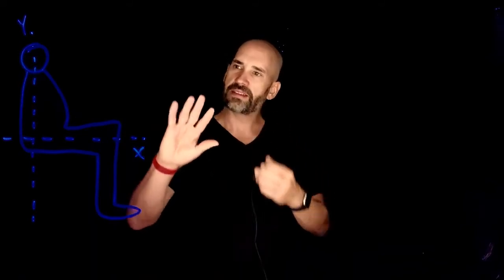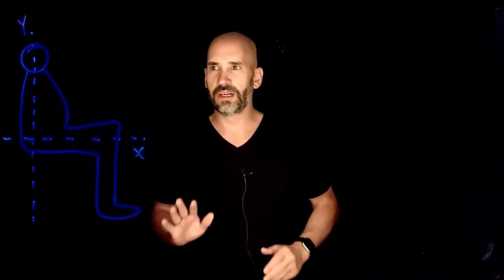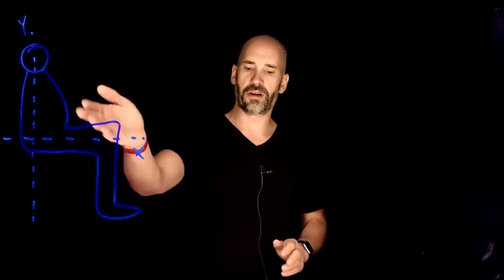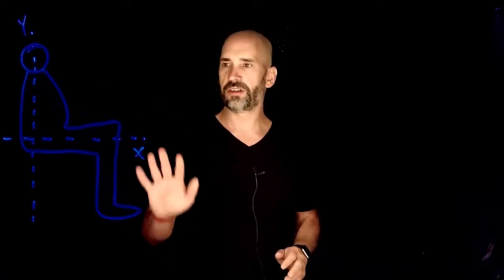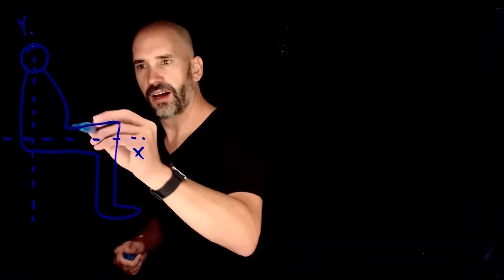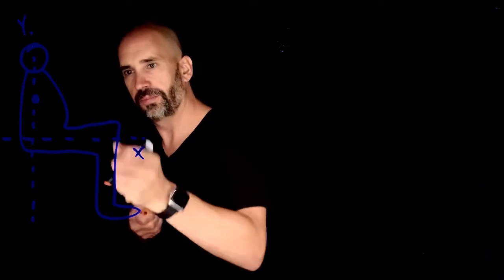And to make this example even easier, we're going to assume that the mass of the arms is relatively negligible compared to the rest of the body. And we're just going to do this by approximating the center of mass of the torso, which is right here. Actually, I'll do this in a different color.